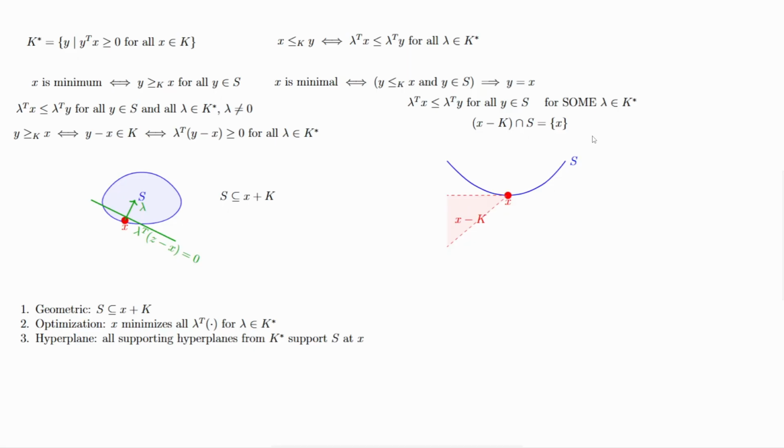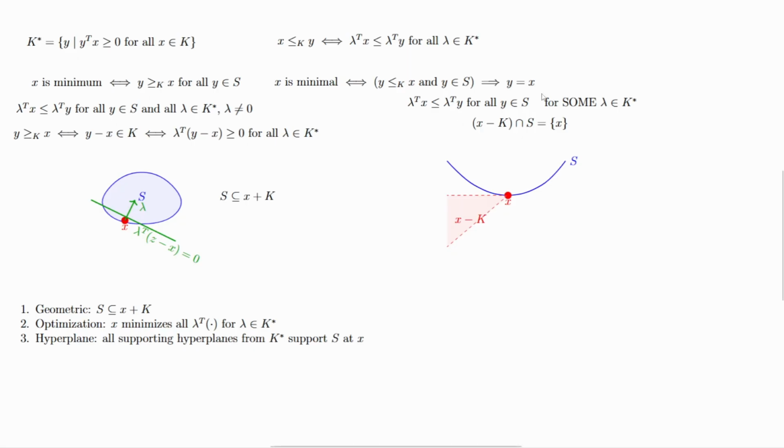Okay, anyway, so how do we actually characterize X being a minimal element of S using dual cones? So how we do that is the same idea, this is a direct copy from the minimum element, which is that the inner product between lambda and X is less than or equal to lambda and Y for all Y in S. But the key difference is that this only holds for some lambda in K star, not for all lambda.